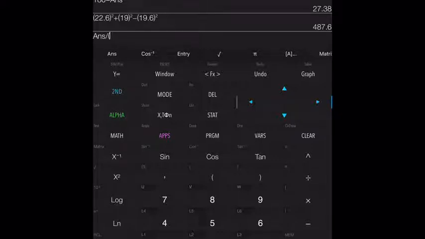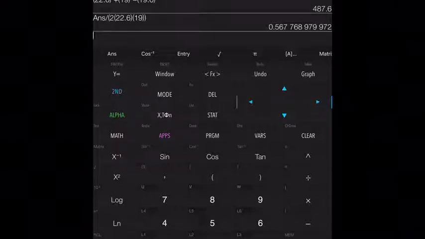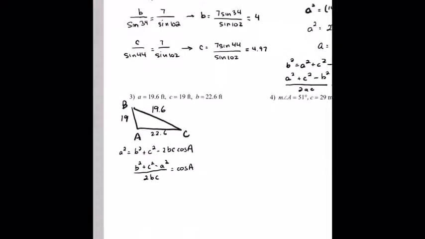So divided by parenthesis 2 times b times c is 0.568.